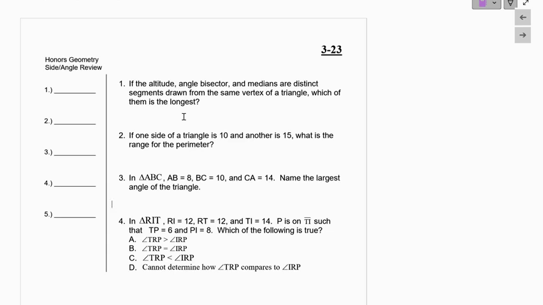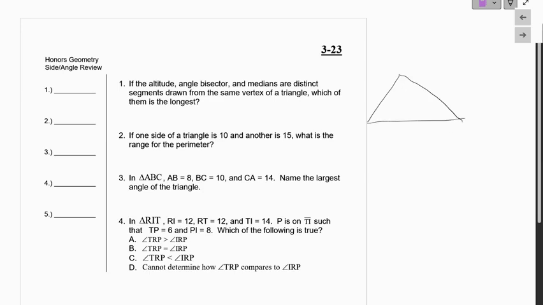Well, we can draw this out so they're distinct segments, which means we do not have isosceles, we do not have equilateral. We actually would have what's called a scalene triangle. If you draw out the three of them, the proof would be longer, but what ends up happening is this one, our median, is longer.